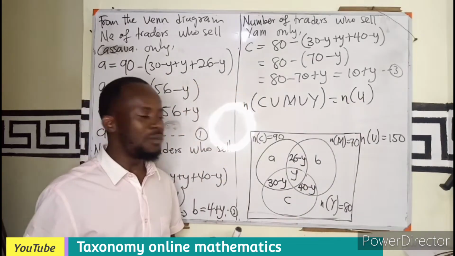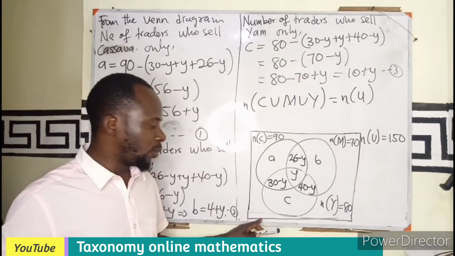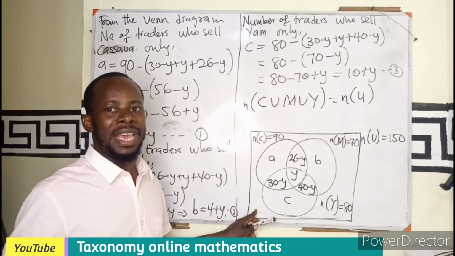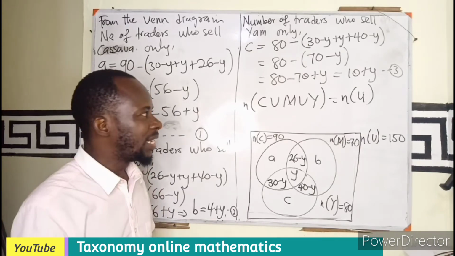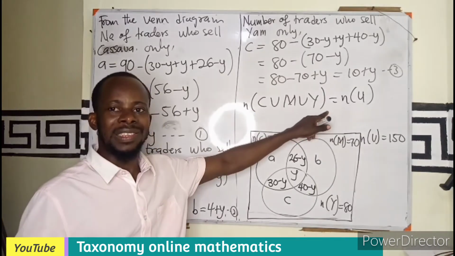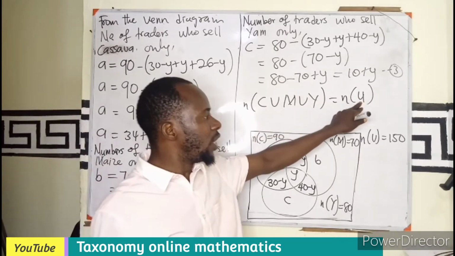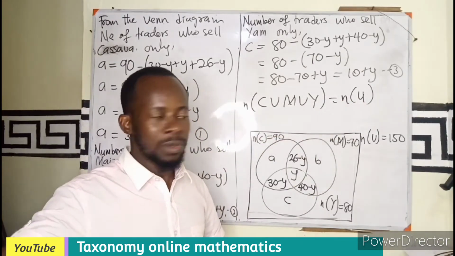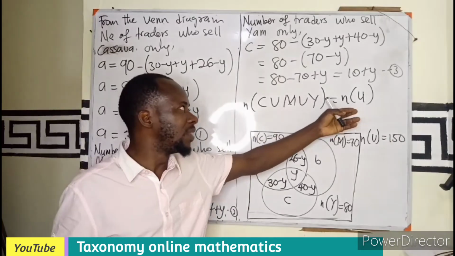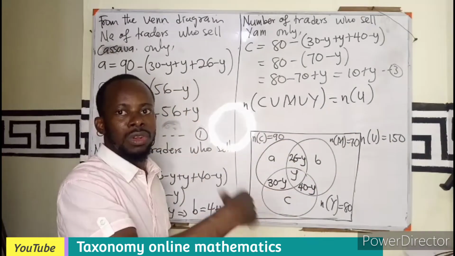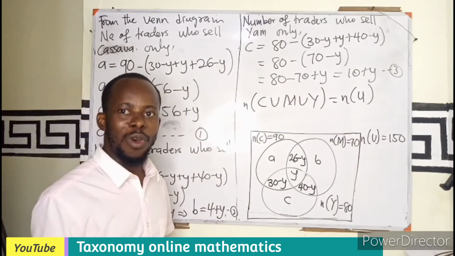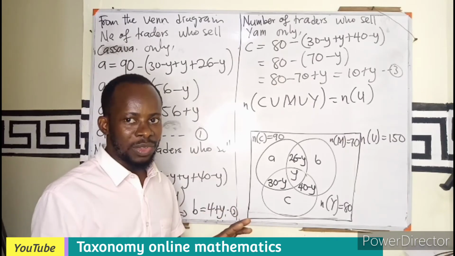If we are not having a complement, it means this region is taken out. But if this region is provided, then it means the union plus the complement must equal the universal set. So since this is the same as this, we equate all the union to that of the universal set. Are you with me? Good.